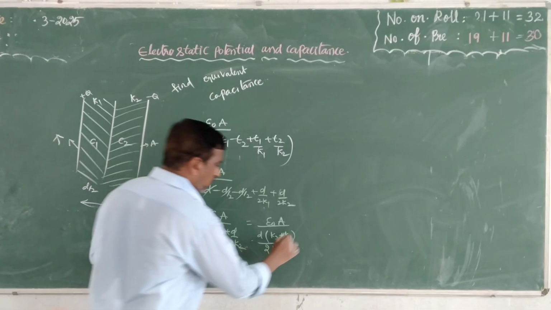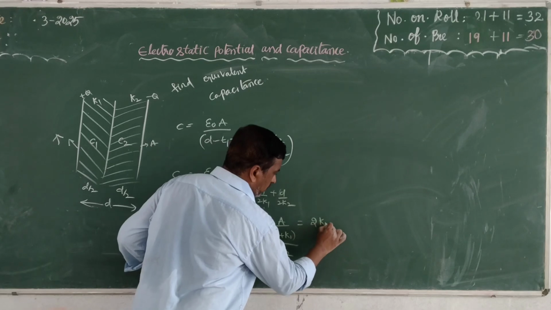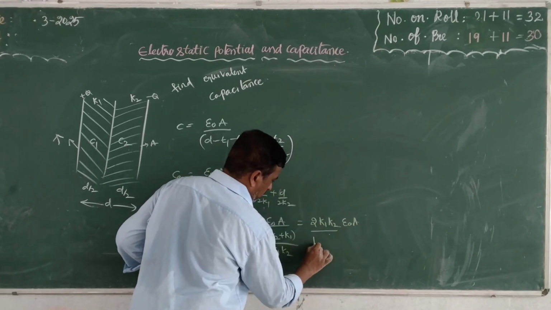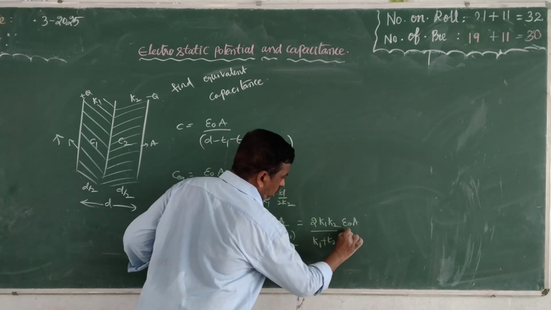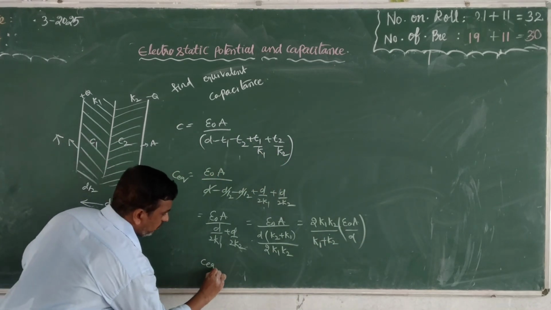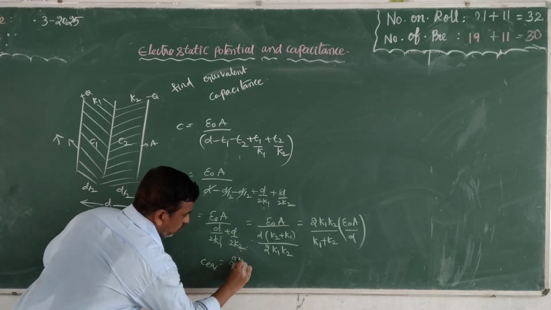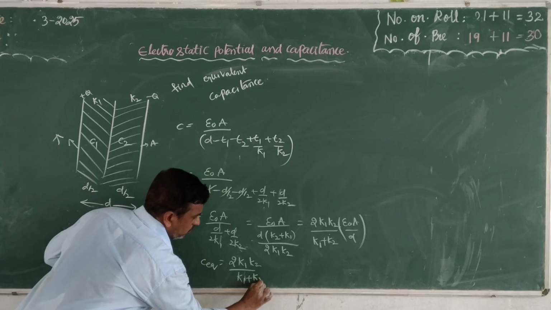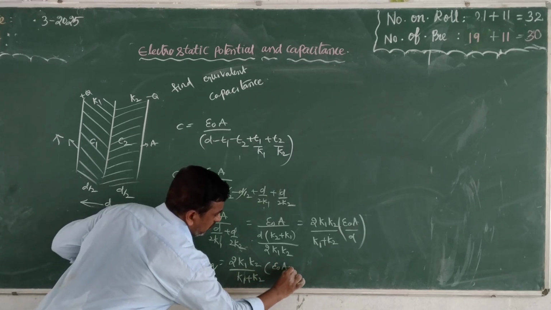So we can write 2K1 K2 into epsilon naught A by K1 plus K2 by D. It is the C equivalent: 2K1 K2 by K1 plus K2 into epsilon naught A by D.